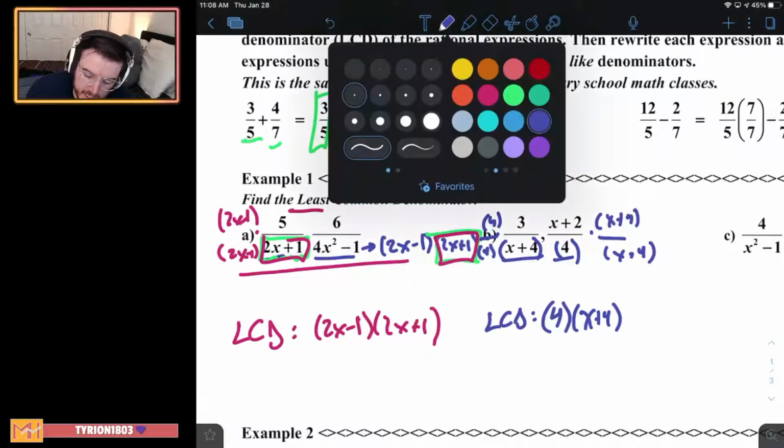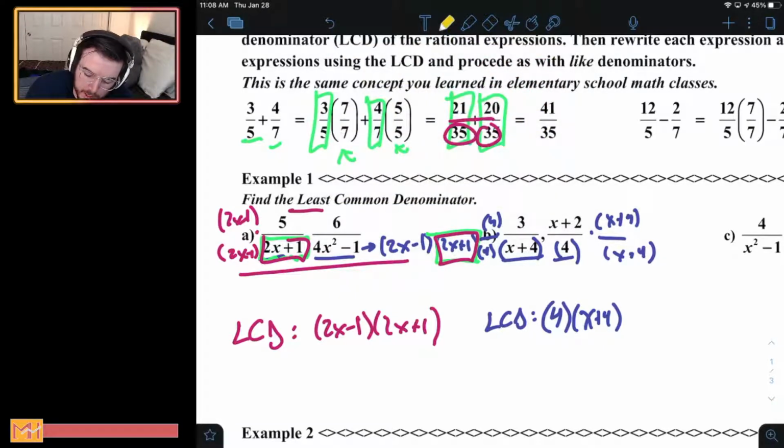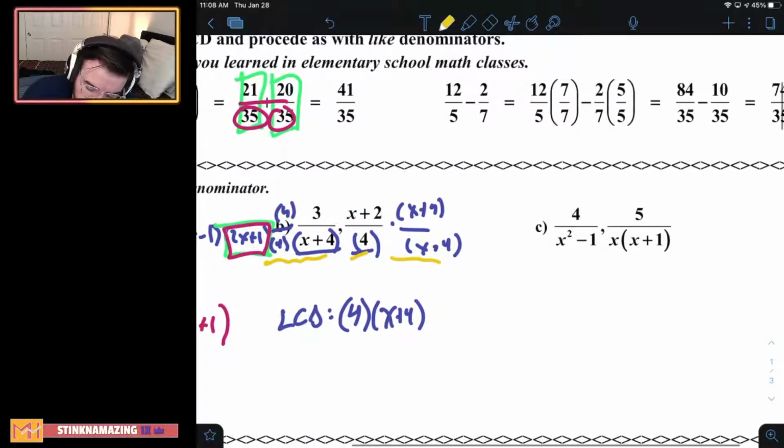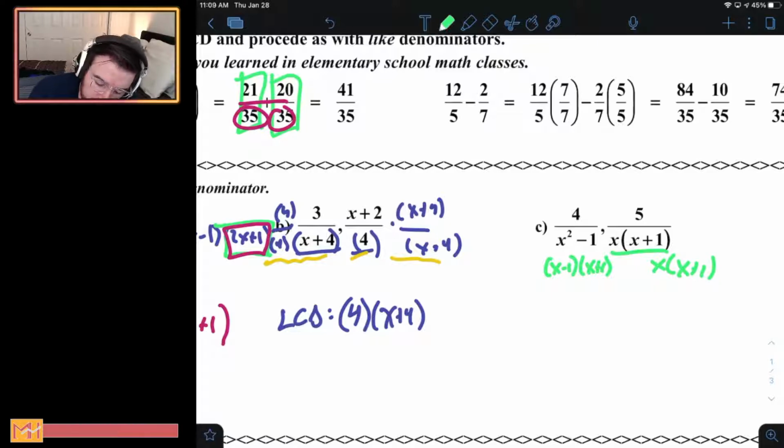So that way they are the same. I hope you see what I'm going for. I'm trying to make the denominators identical. The last one, when I split this up, I end up with x minus 1, x plus 1. And this here has x and x plus 1. So the least common denominator would be x times x minus 1 times x plus 1.